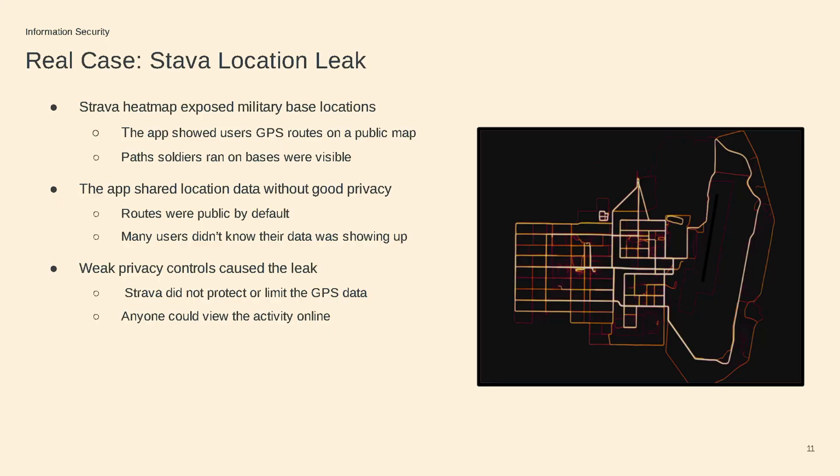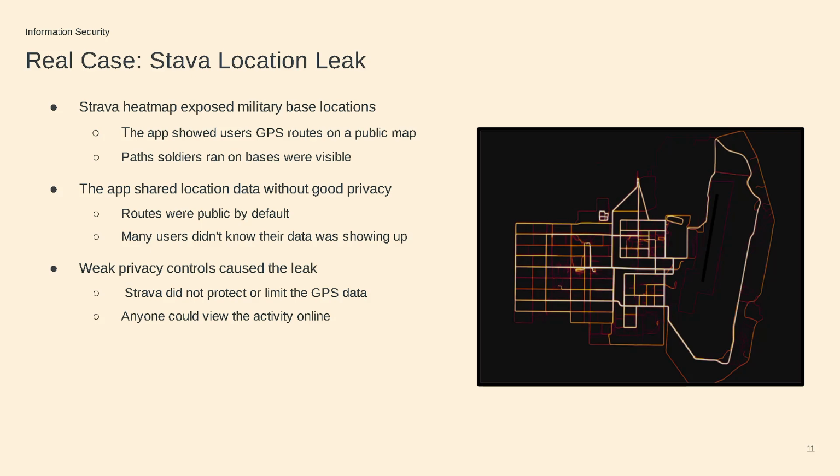Strava had a heat map that showed where people ran or walked. The problem was that it also showed the GPS routes from soldiers on military bases, which is this photo I have. So the paths of the soldiers were visible to everyone online.